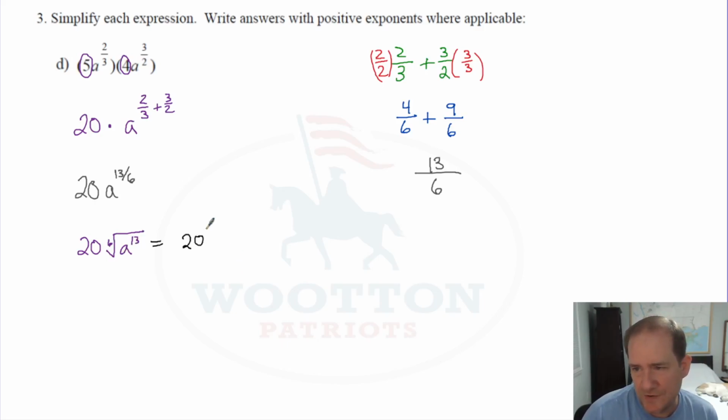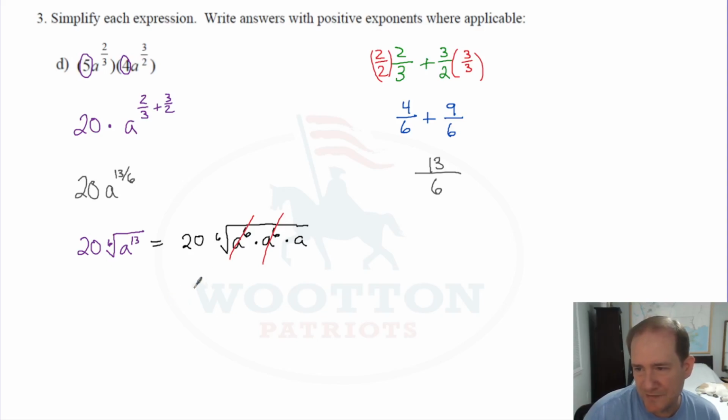So this is like 20 times the 6th root of, well, maybe think about it like this. What if I went a to the 6th? Wouldn't the 6th root of a to the 6th clearly just be exactly a? So that's 6 of my a's covered, but I still have 6 more. And that's still only 12 a's, and then I could still have 1 more a. So essentially now I can simplify this part and this part, but this guy will still be a 6th root.